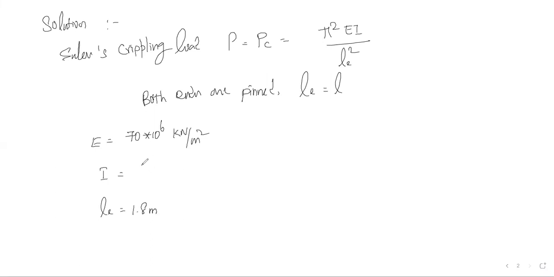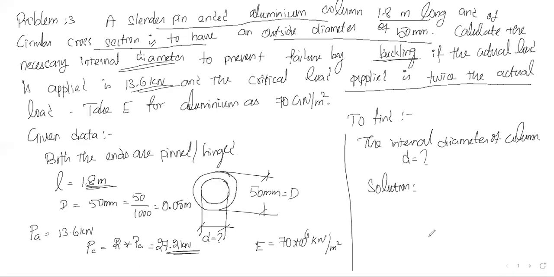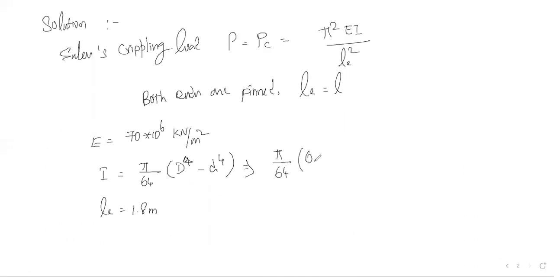So I value: pi by 64 into capital D power 4 minus small d power 4 is the value. Capital D here is 50 mm, 0.05 meter. So 0.05 power 4 minus small d power 4.